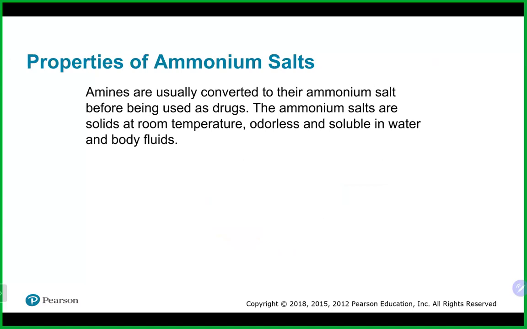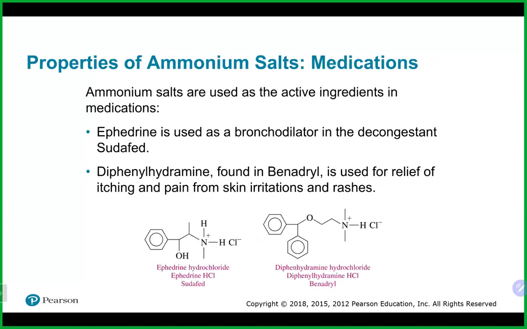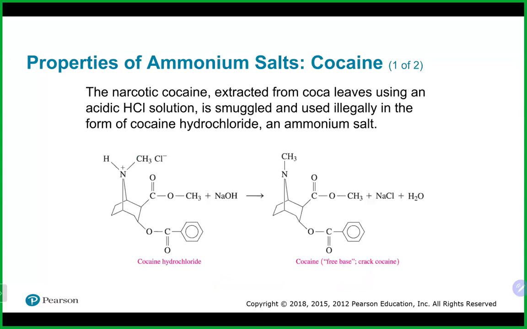Amines are usually converted to ammonium salts before being used as drugs. Ammonium salts are solids at room temperature, odorless, and soluble in water and body fluids. So a lot of amines are in some medications. As you can see here, ephedrine is our amine. We also have our amine over here as well, and then Benadryl.